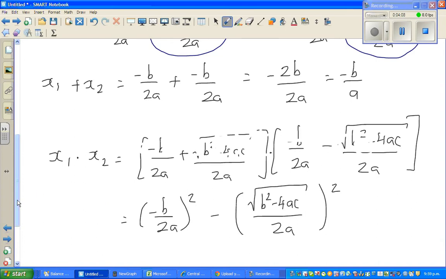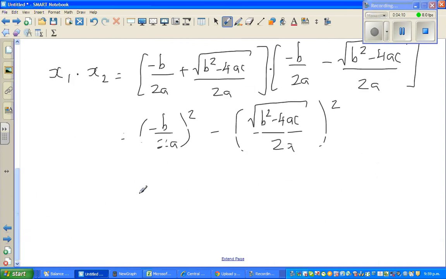I'm doing this so that you understand the formula. You don't need to remember anything. If you remember, it is good, but it's always good to understand before you remember. When you square this, it is b squared over 4a squared. Is it clear?